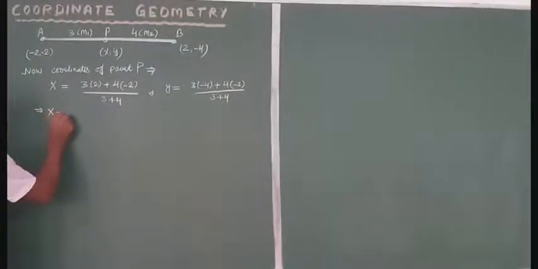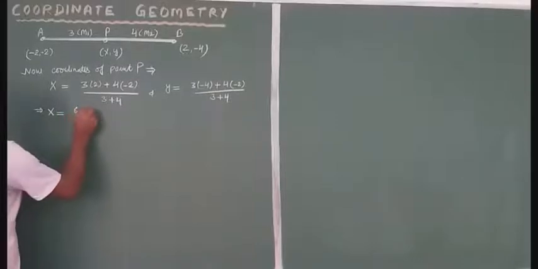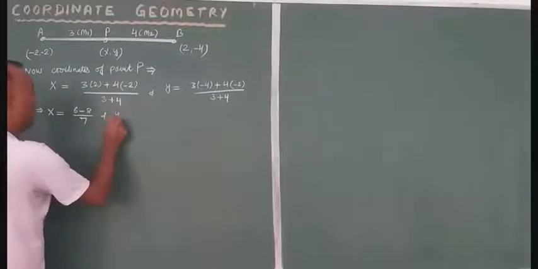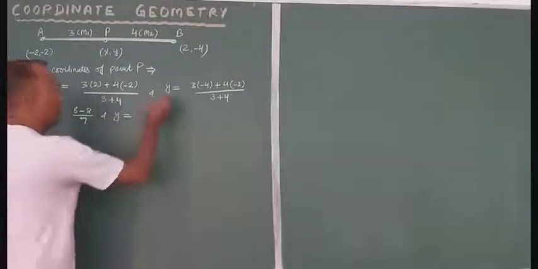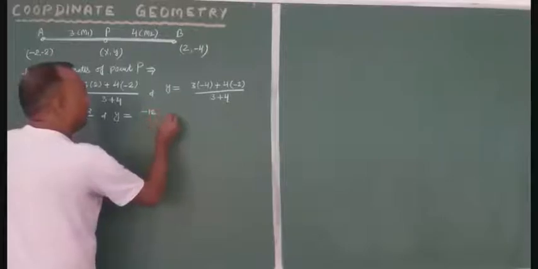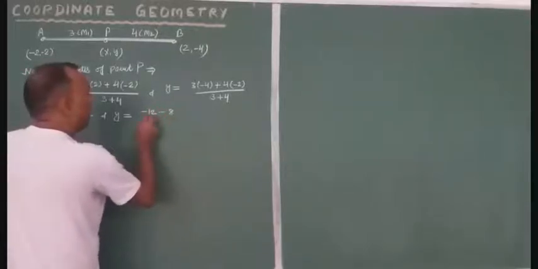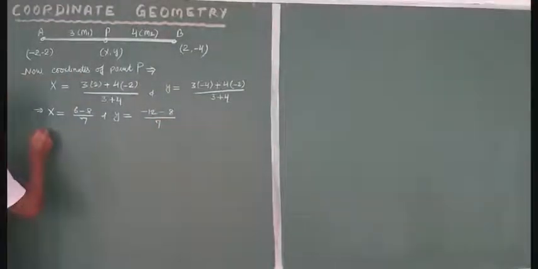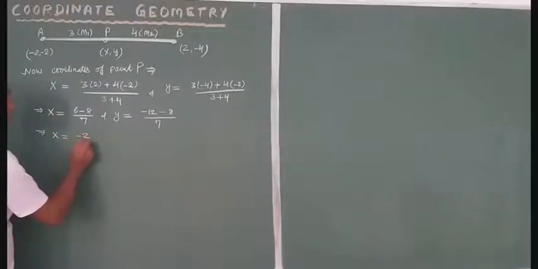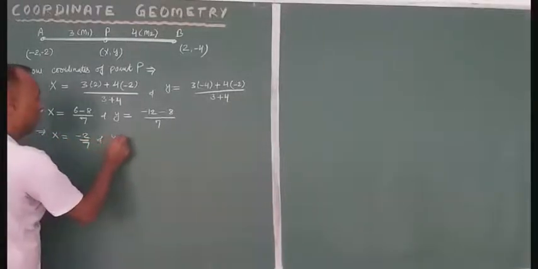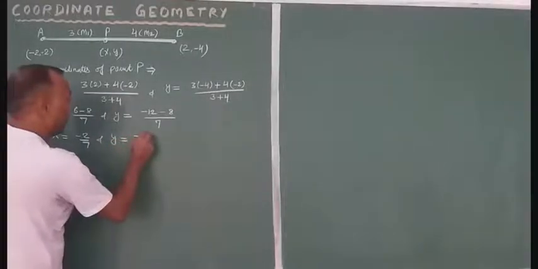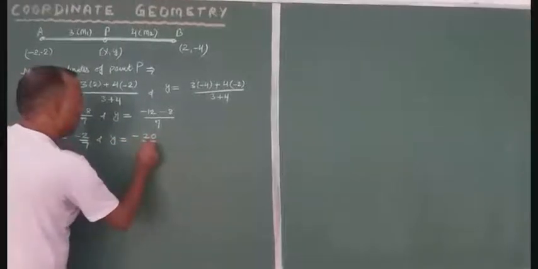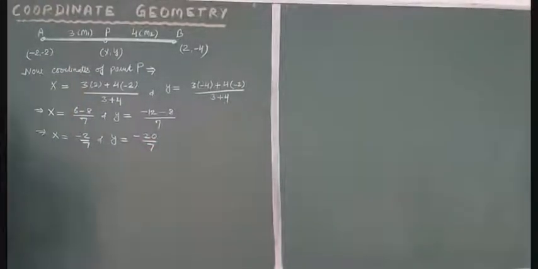So now just look here, x will be (6 minus 8) upon 7, and y is equal to (minus 12 minus 8) upon 7. So from here you can say x will be 6 minus 8, which is minus 2 upon 7, and y is equal to minus 12 minus 8, which is minus 20 upon 7.